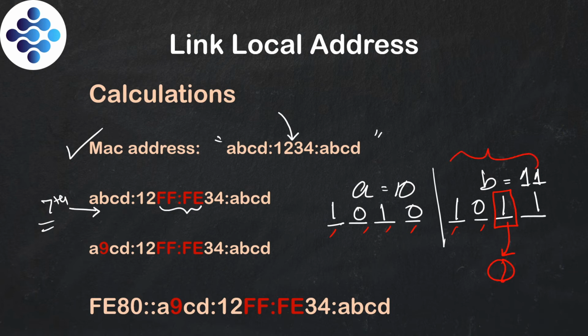Calculate what would be the value of the rest. So this is 8 plus 1, 9. This leads to the final answer. So FE80:A9CD:12FF:FE34:ABCD. Right? So that's what is called the link local address.